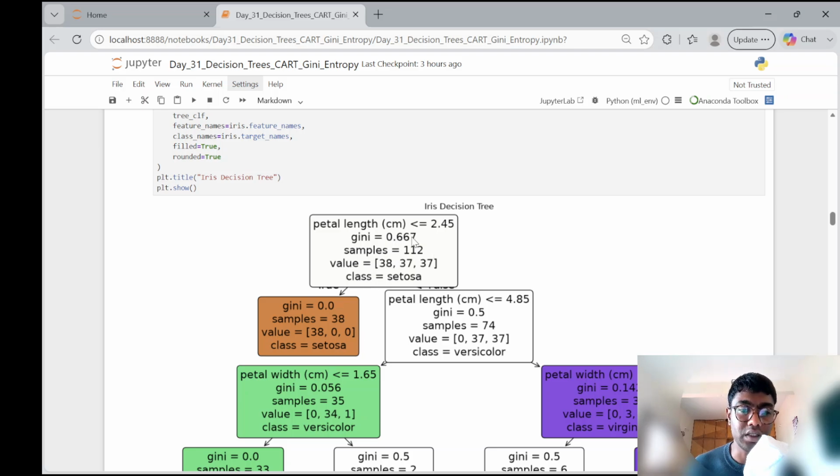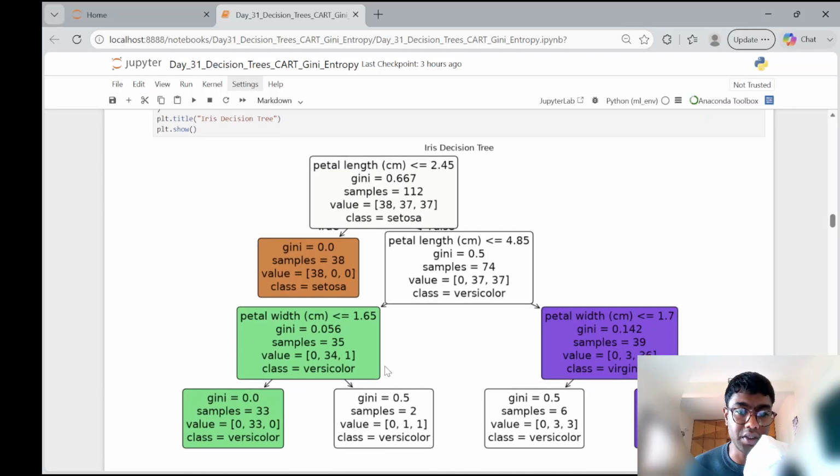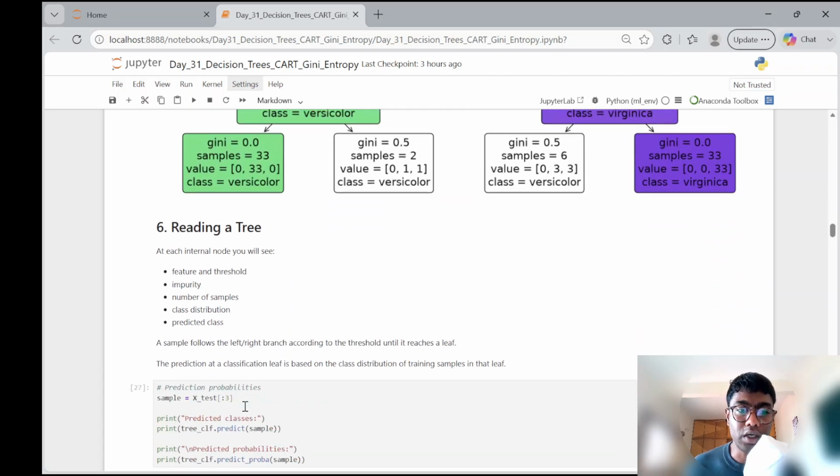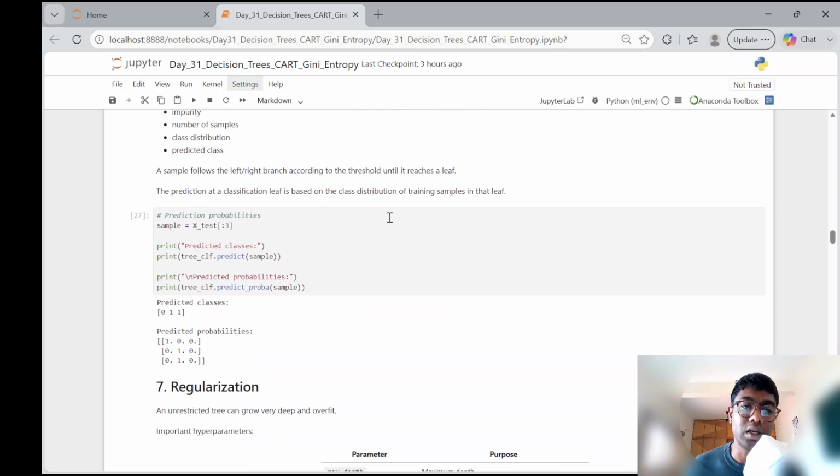So that's where 66% is impurities. Here it's 50% because both are of equal versicolor and virginica. Here if you see, Gini is very less because there is only one virginica also here. So that's about reading the node and tree.